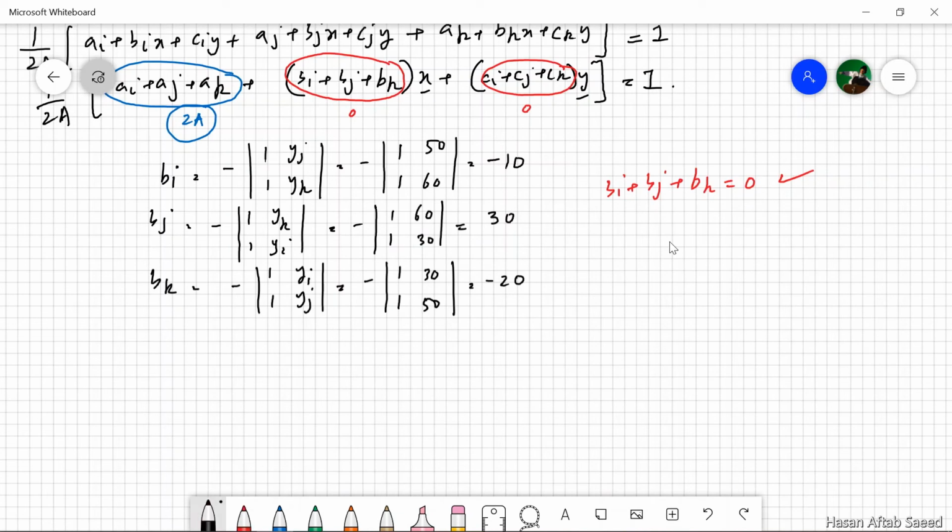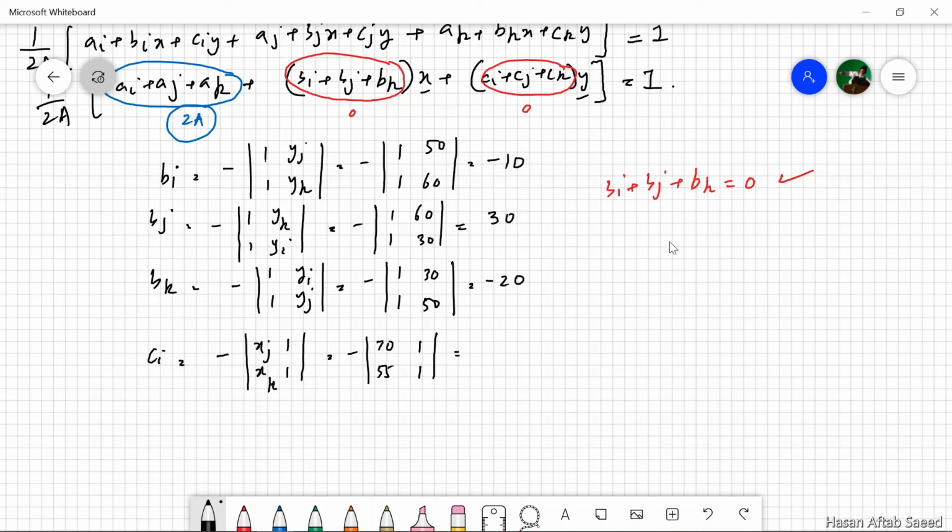Similarly, C's. For C's, there was a minus here. You had 1 on the Y column, X in the X column, and here should be Yj and Yk. So you have 70, 55, 1, 1.